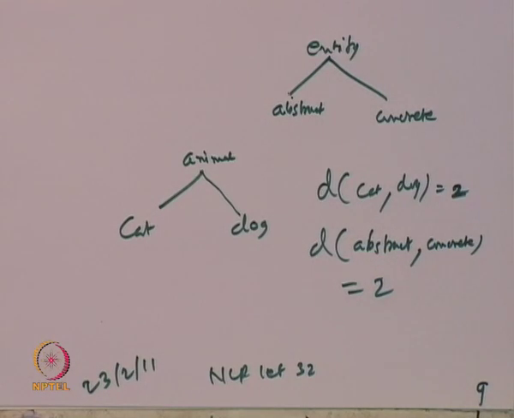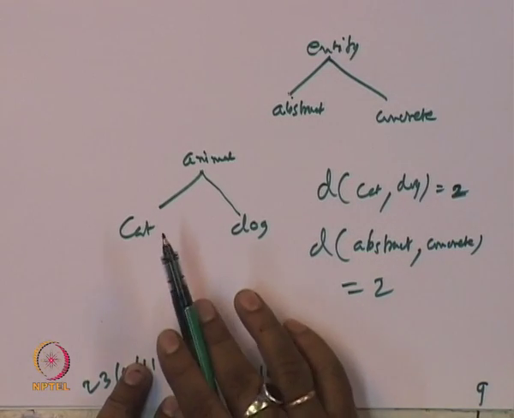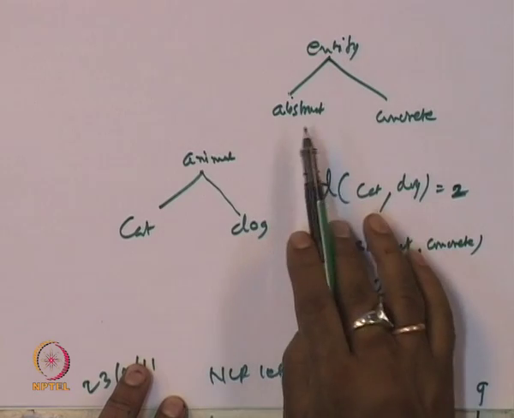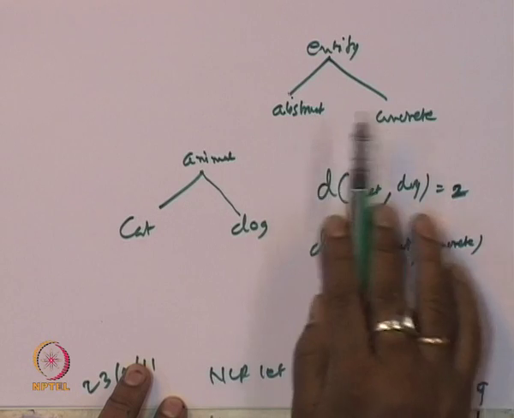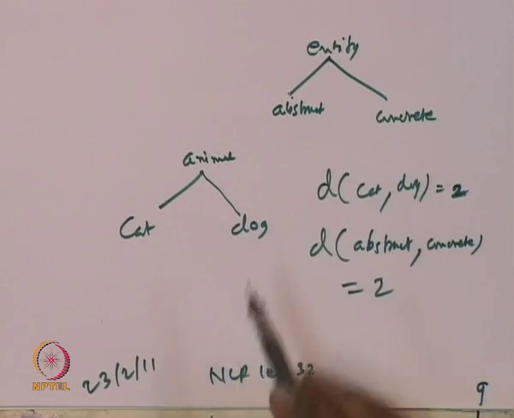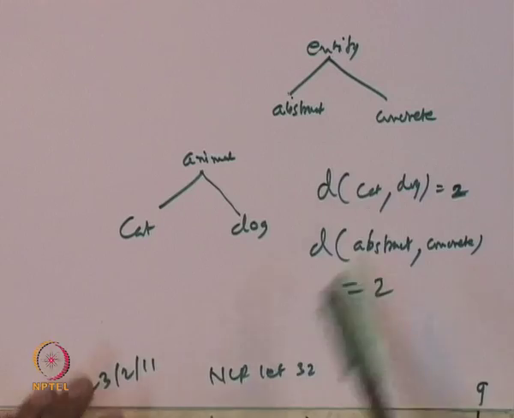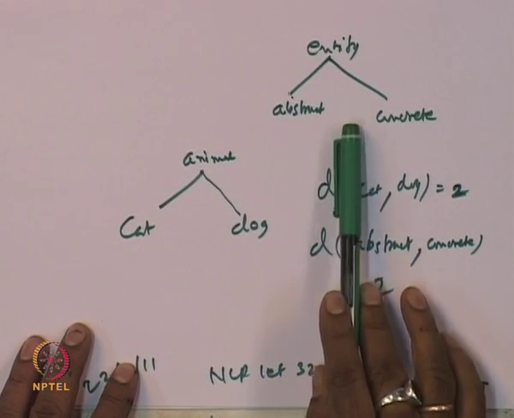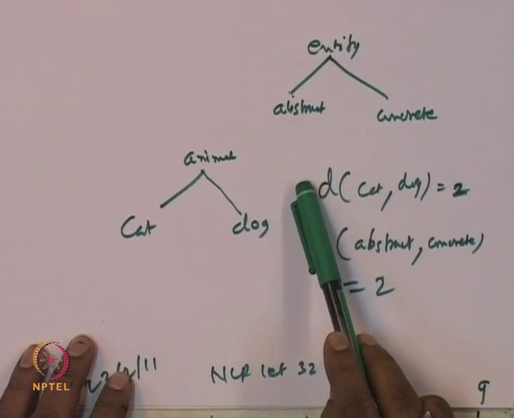But would we say that the similarity between cat and dog is equal to the similarity between abstract and concrete? Would we say that? We will not be able to say that, because abstract and concrete are extremely large concepts and they are hardly similar. There is hardly any similarity between them.